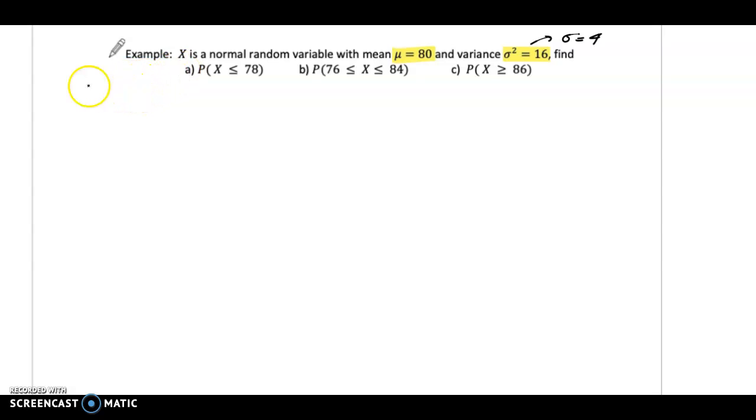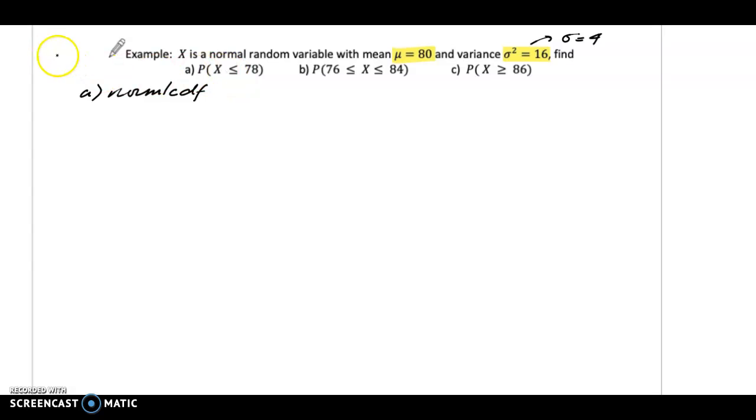So what we can do in part A is really just use the normal CDF, because you don't get a table. Generally, you would be given a table, but that's only done at university at this point. So what I'm going to show you is a way of doing this.